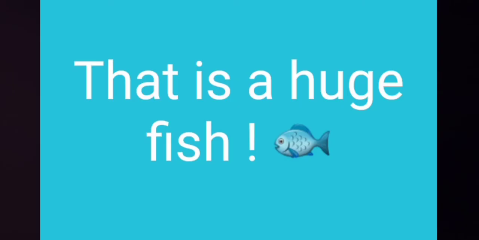Here it expresses the emotion of surprise after seeing a huge fish. What a beautiful day! Here we are expressing our happiness after experiencing a nice day. He is such a nice boy! Here we express satisfaction.